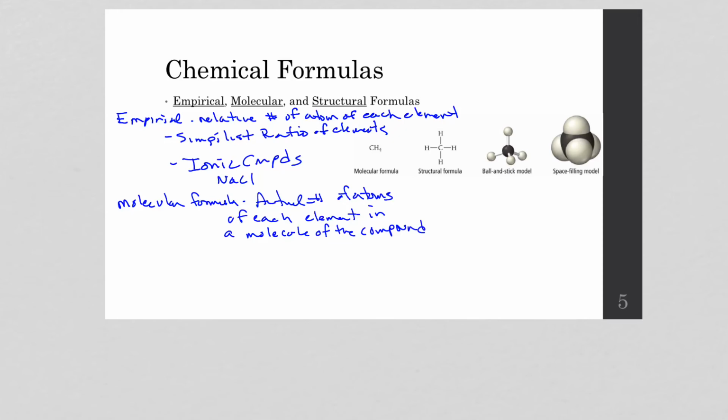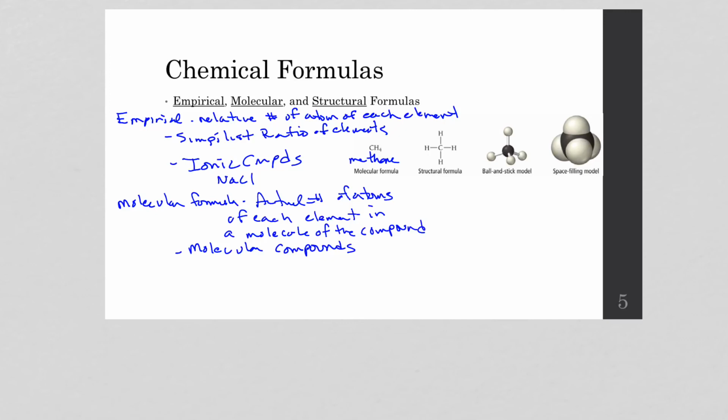Of course, where we tend to see these is in molecular compounds. This is how we most often show molecular compounds. So if we look over here, we can see some examples. The molecular formula of this is methane, CH4. So every molecule of this molecular compound contains 1 carbon and 4 hydrogens.